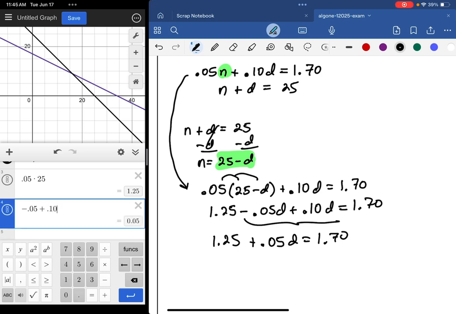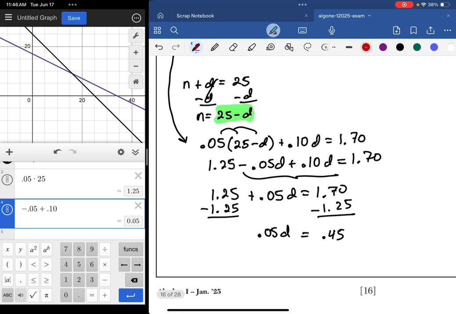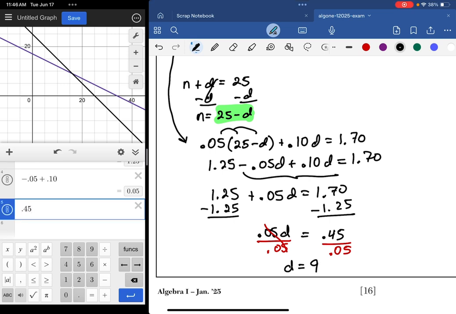Then I'm going to subtract off the 1.25. It's going to get me 0.45. Divide by the 0.05, and you get a result of 9. If you're not sure again, 0.45 divided by 0.05 would get you to 9.